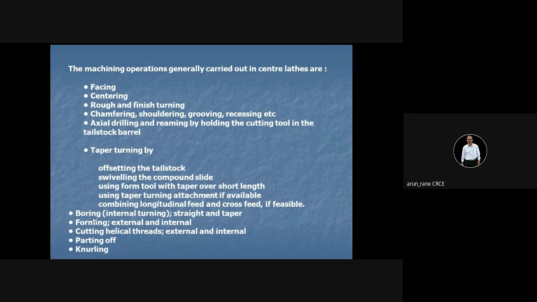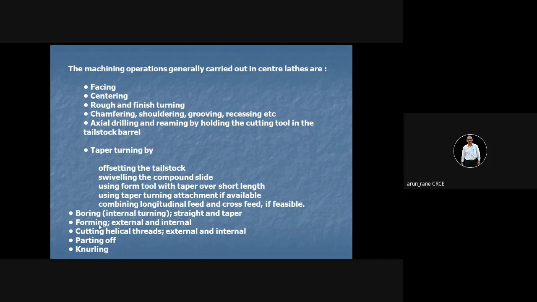So what we do is first center drilling, then we use a drill of say 10, then 20, then 30, then 35. Now a 35.67 drill is not available, so you have to do boring. Boring is nothing but an insert or a small tool which has to be inserted inside the hole, and cutting has to be done.